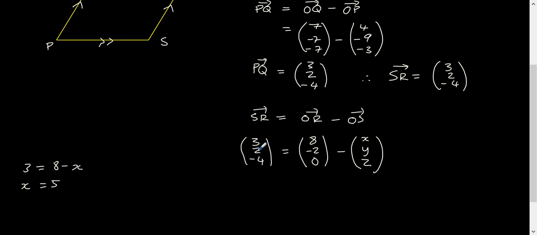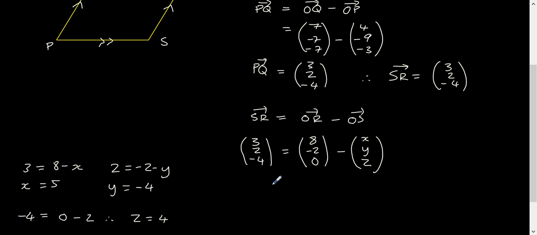We've also got that 2 equals minus 2 minus Y, which means that Y is going to be minus 4. And for a third equation, we have minus 4 equals 0 minus Z, and that means that Z is equal to 4.